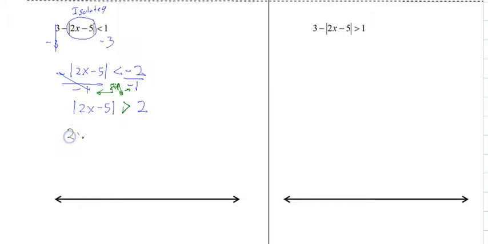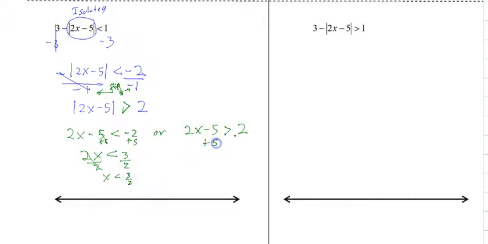So we go 2x minus 5 is less than negative 2, or 2x minus 5 is greater than 2. So exactly how it looks without the absolute value. And in the negative one, we have to flip it. So solving it, I'm going to do this one a little quicker. So plus 5 is 3. That's 3/2.